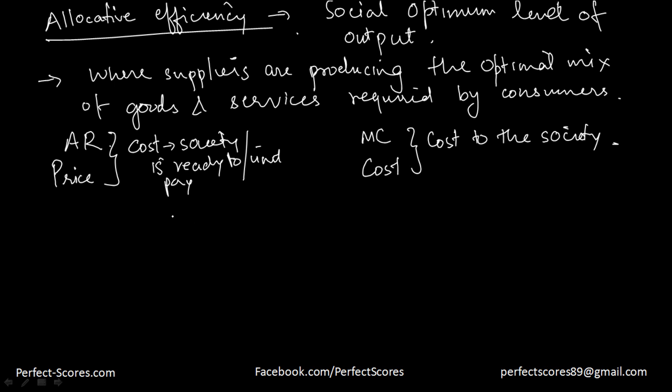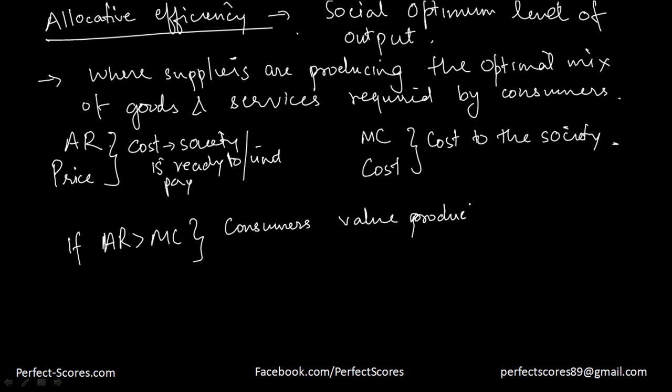If the average revenue is greater than marginal cost, that means the price is greater than marginal cost, so the consumers value the product more than its marginal cost.